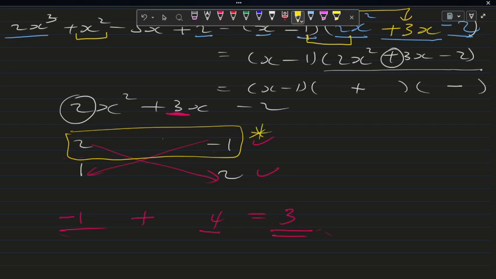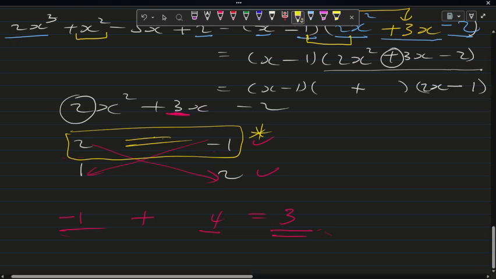The one that has a negative will correspond with this combination, because this is where we have a negative. So here we will have 2x minus 1.